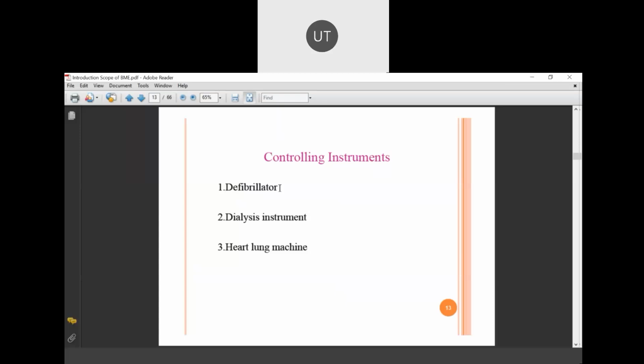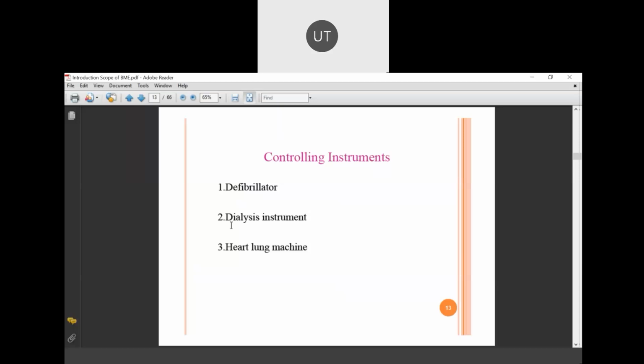So I am going to explain to you after some time what the sequence is and how the heart functions. So basically when this rhythm of the heart is lost, a specific word is there, that is called fibrillation. And in order to avoid that, we are going to use an instrument which is called the defibrillator.